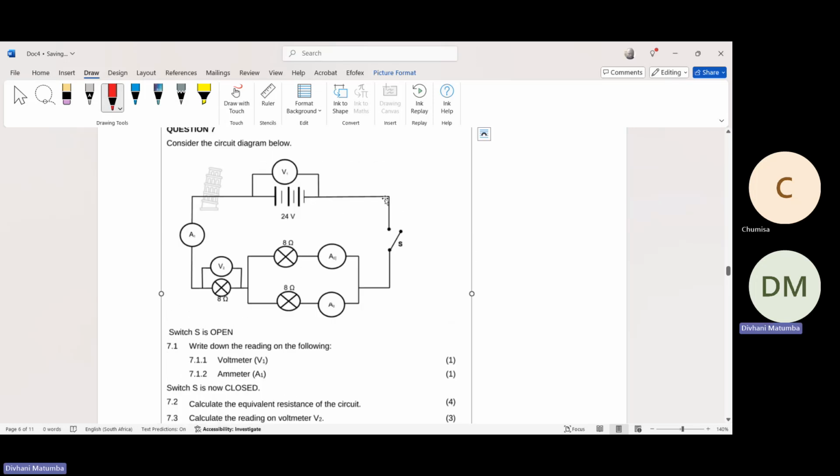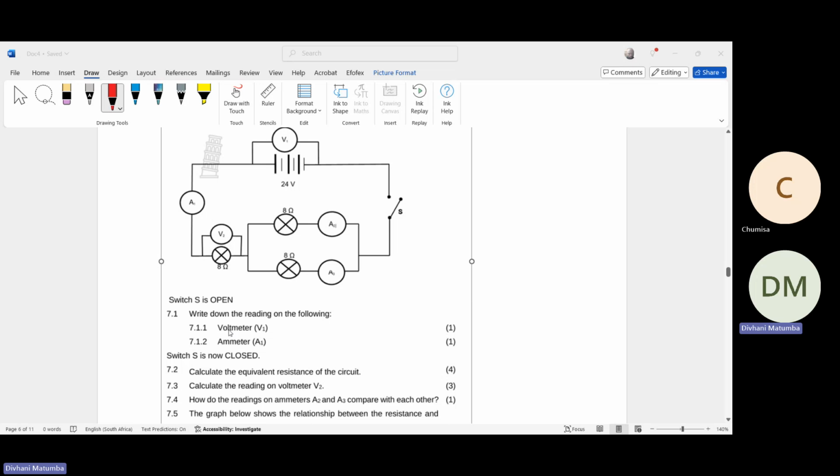What will be the reading of V1 when the switch is open?